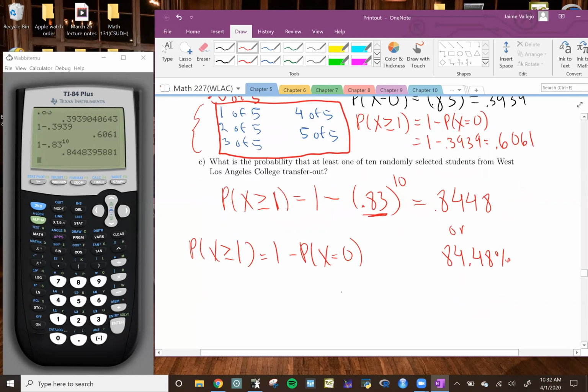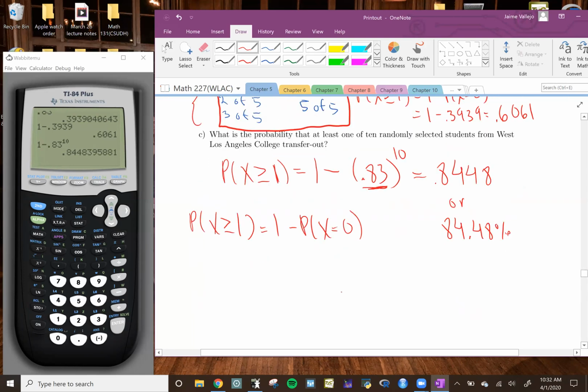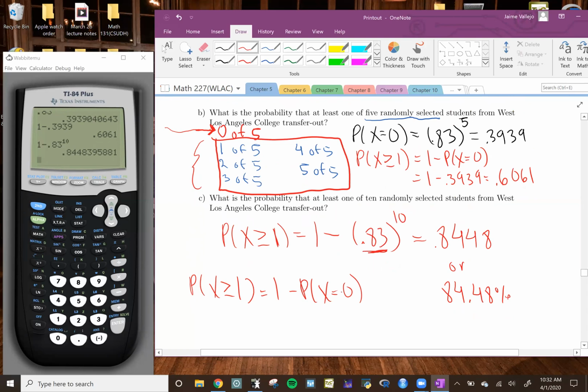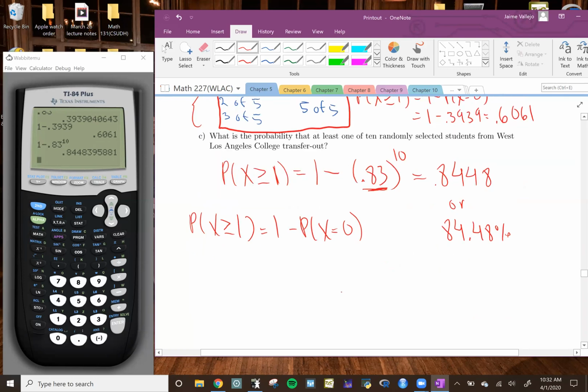What if it wanted us to find out at least 2? Is it a whole different thing we'll go over in the future, or would we plug in 2 instead of 1 anywhere? That's a good question. For right now, based off of the tool that we have, we wouldn't be able to do that.